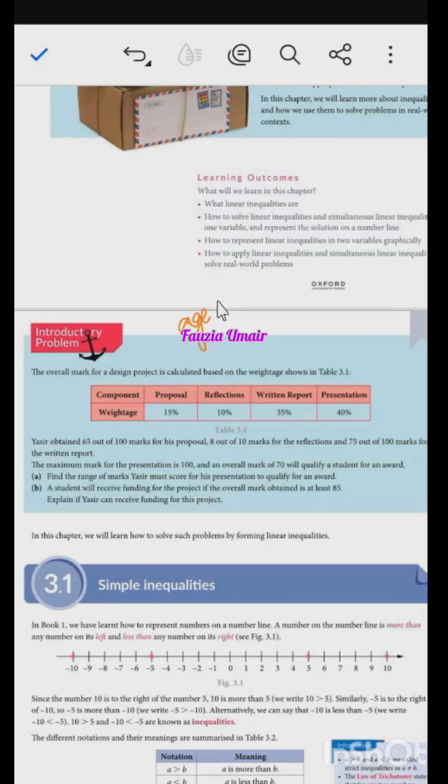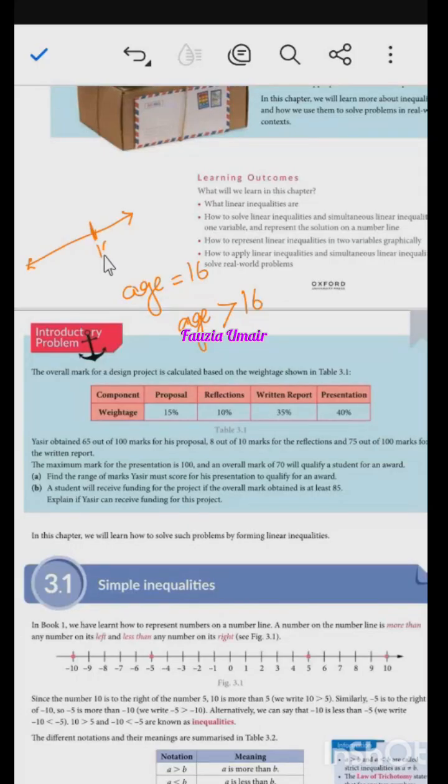Okay? If you talk about the equal sign, if we say age is equal to 16, that means exactly 16 years old people will be considered. If I draw it on a number line, age is equal to 16 means wherever this 16 is, only this point is the value.